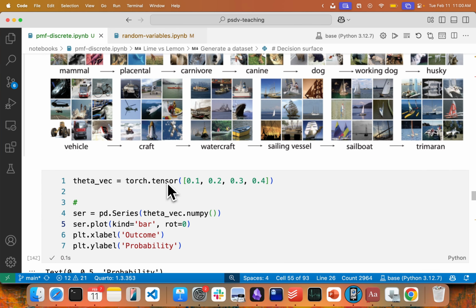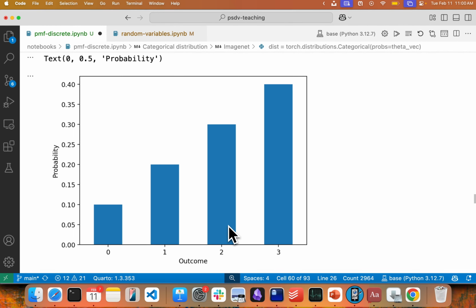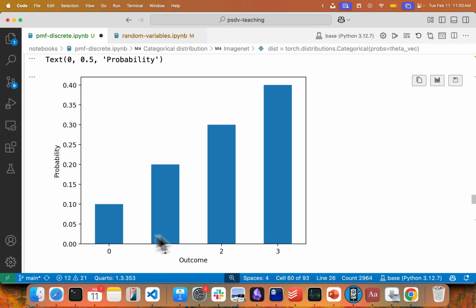To understand this, we will now create a theta vector which is 0.1, 0.2, 0.3, 0.4. How many states will this random variable take? 4 states: 0, 1, 2, 3. Let's say it's a 4-sided die.